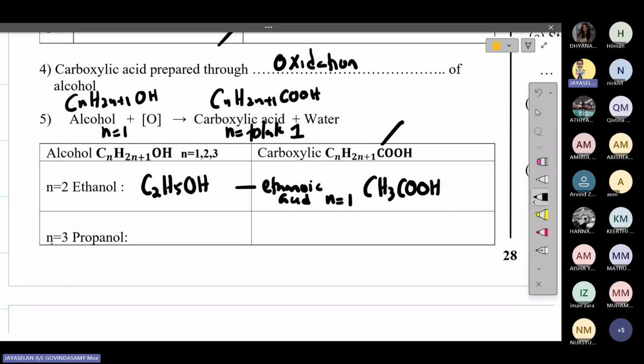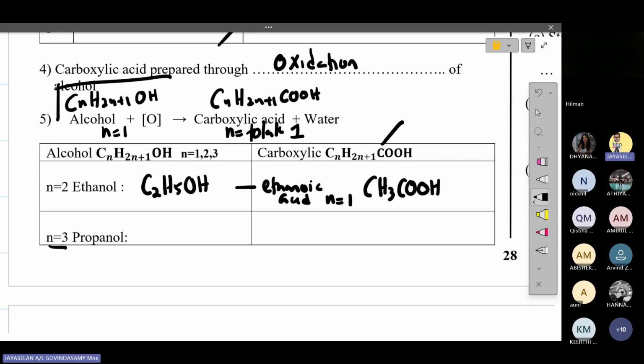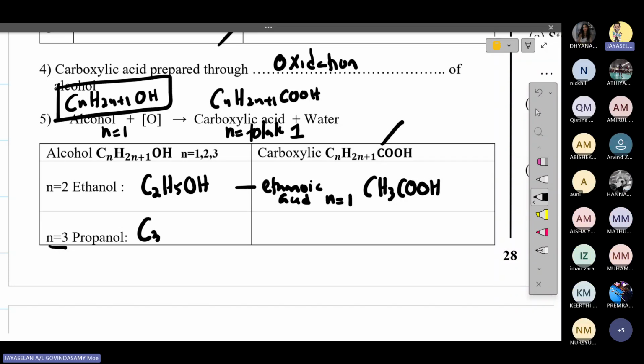Propanol means n3, right? So you apply here C3, H will be 6 plus 1, 7, OH. Propanol will give you propanoic acid, right? Don't go and apply n3, already wrong. Tak boleh apply n3. You must minus 1, n3 minus 1, so apply n2.